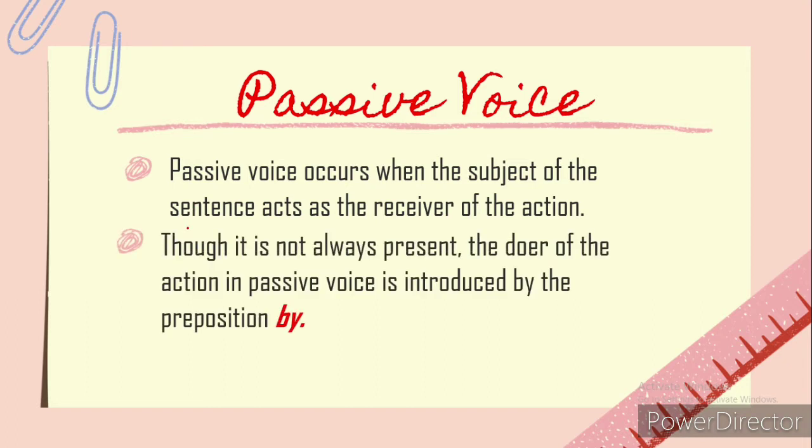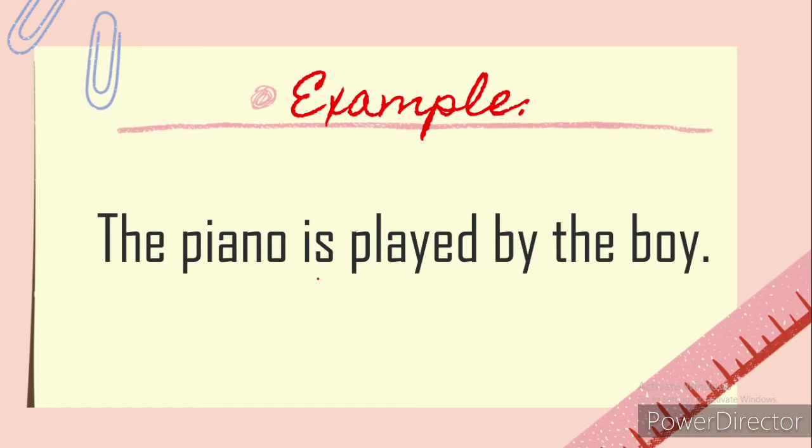Though it is not always present, the doer of the action in passive voice is introduced by the preposition by, and it has a passive subject. Let's have an example. The piano is played by the boy.